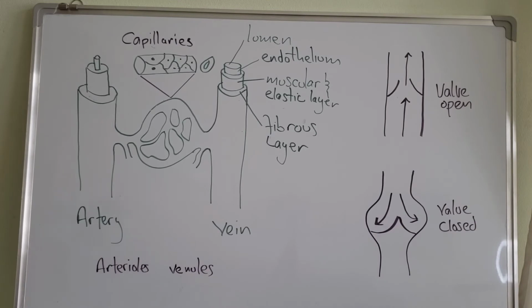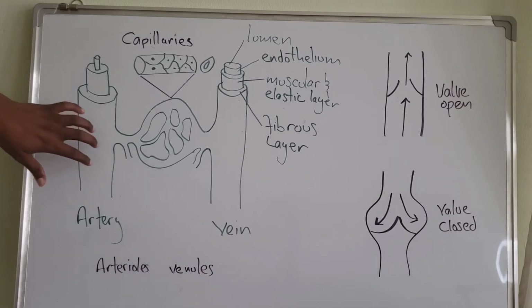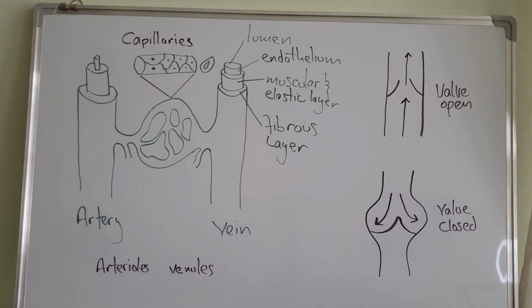When we walk, when we move, the muscles squeeze the veins. If I go back a little bit, arteries tend to be deeper in the body, and veins tend to be on the surface, and on the surface, they can be compressed by muscle. So when we move and contract our muscles, they squeeze against the veins, forcing blood through them.